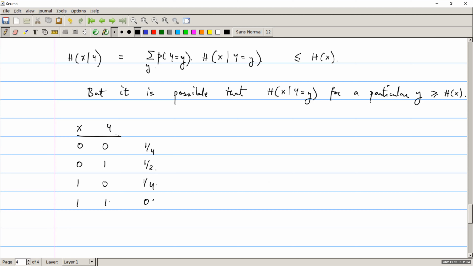Let's look at this. So what is H(X)? It's a little bit of practice again. What is the probability X equals 1?